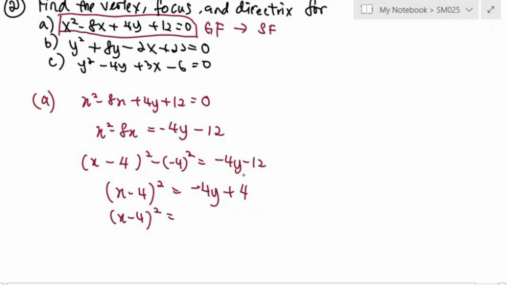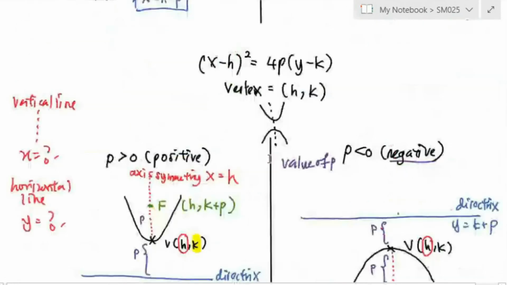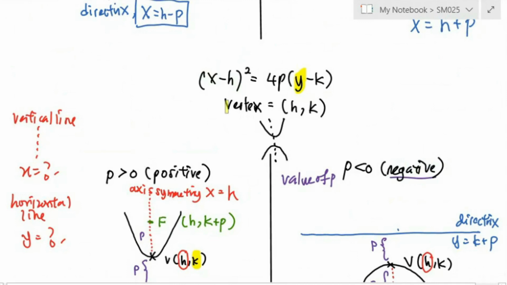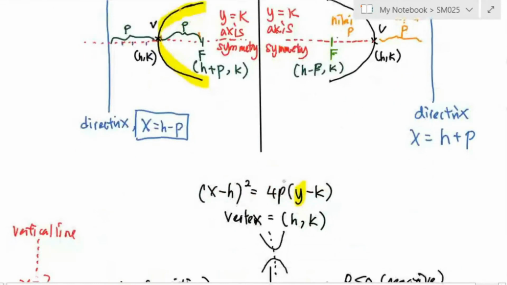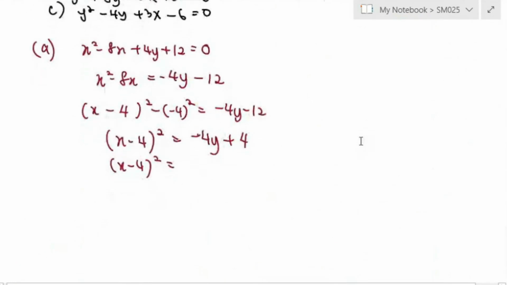So for the right hand side, bear in mind, you see the formula here, it must start with y. So all the coefficient of y you need to factorize out. Inside this formula they don't allow any coefficient here. If they allowed a coefficient, the formula would be written in ay something, but the formula is not written with anything. Whatever value is next to y here, which is negative 4, needs to be factorized out completely.